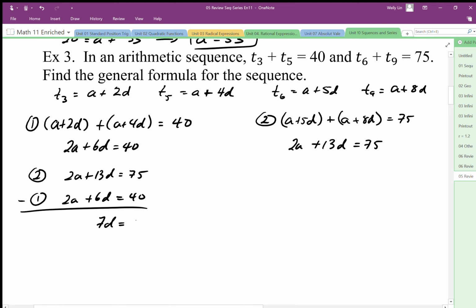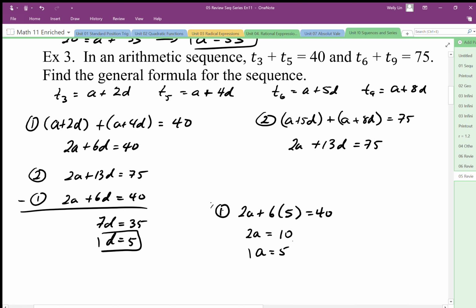So the common difference is 5, and I can plug that into either one of those equations to solve for A. I'm going to plug it into equation 1, so 2A plus 6 times d, which I've solved for as 5, equals 40. 6 times 5 is 30, so I'm going to subtract 30 from both sides. I get A is equal to 5.